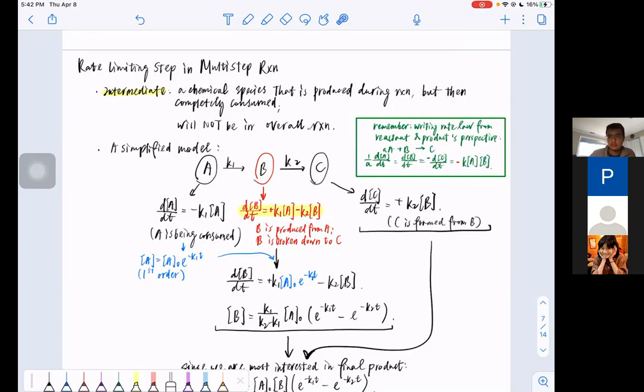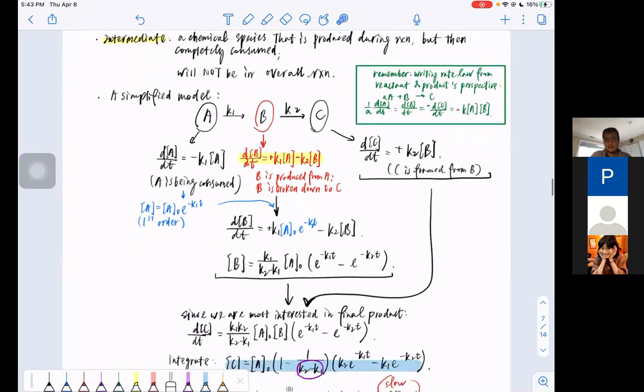So this term plus Ka times the concentration of A means B is made from A, and minus Kb times the concentration of B means B is being consumed. If you don't understand why I write this term as B but not the concentration of C, please put it in the chat and I will reply.